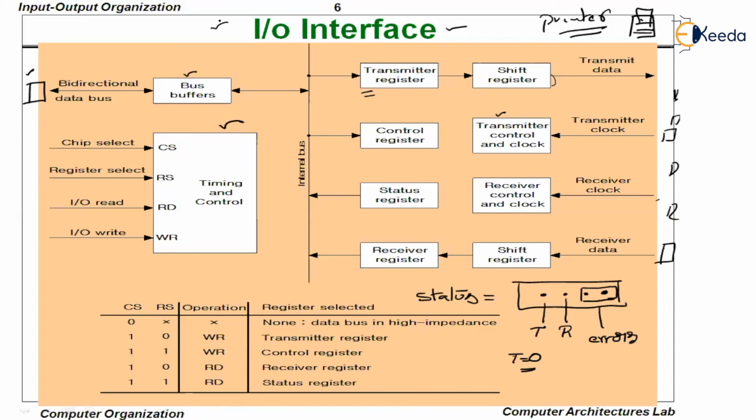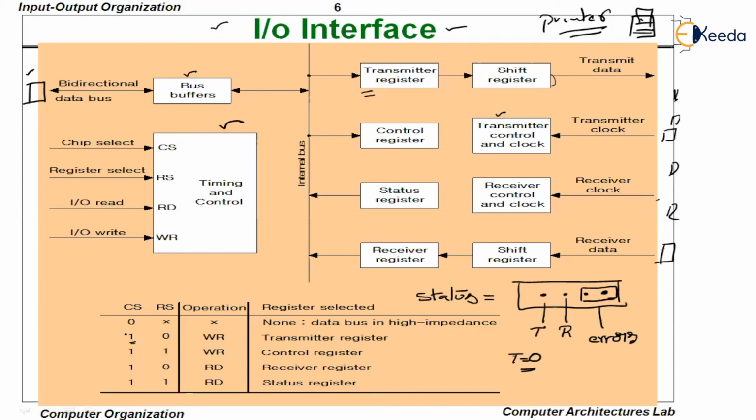Whenever data is initiated to transfer, this chip select will be equal to 1. Then we look at the remaining selection inputs in order to understand which register has been selected.